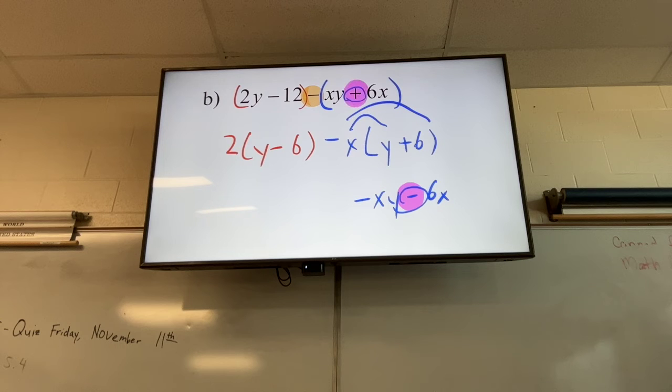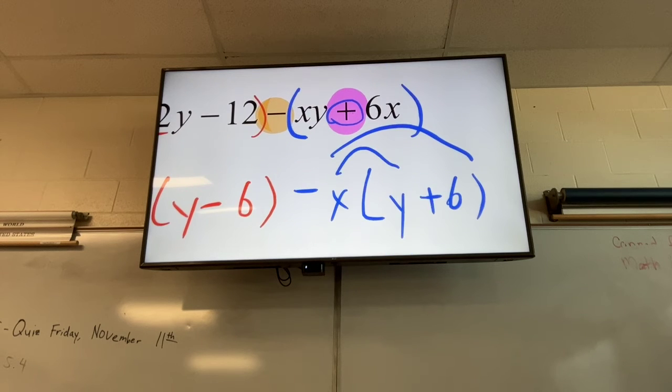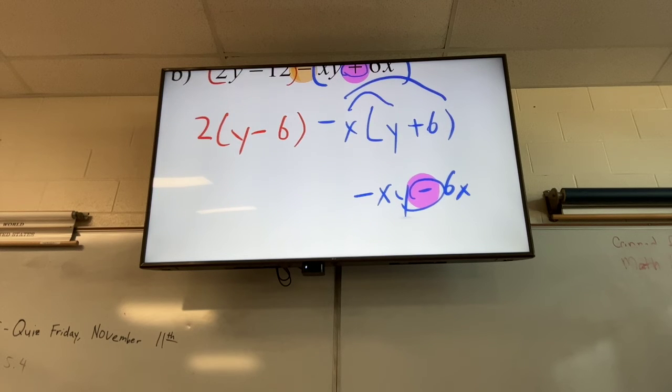So you got to make sure if there's a minus in the middle here, when you put that second pair of parentheses around those 3rd and 4th terms, you got to change that sign. Does that make any sense? Or else you get the wrong answer back. Sneaky. I make that mistake all the time. Sneaky, sneaky, sneaky. So putting that there allows us to write this as y minus 6.